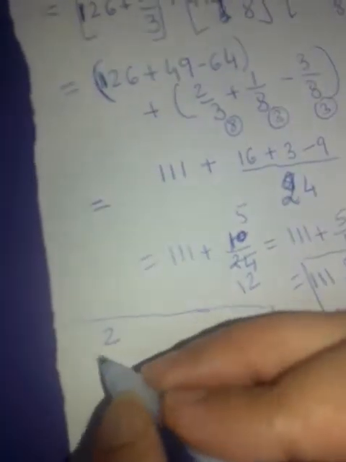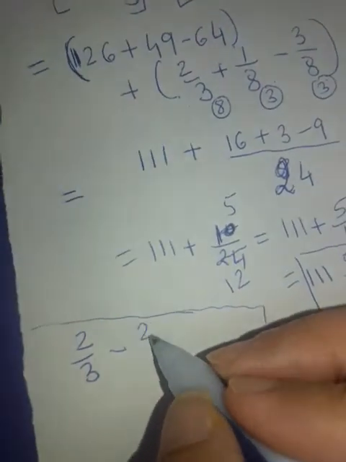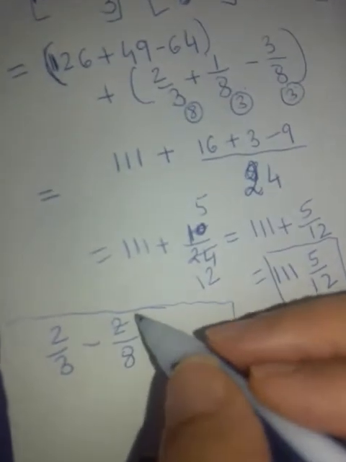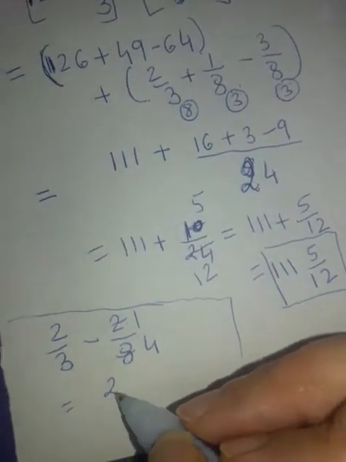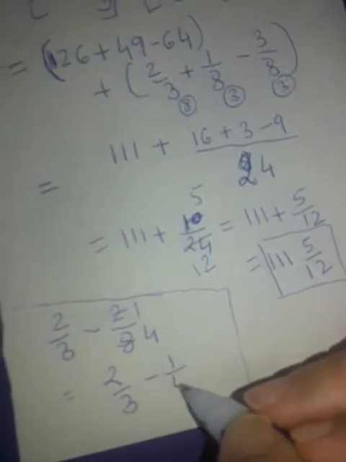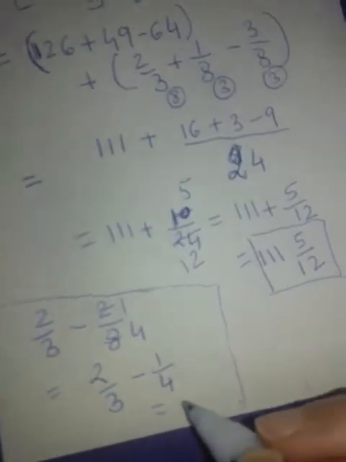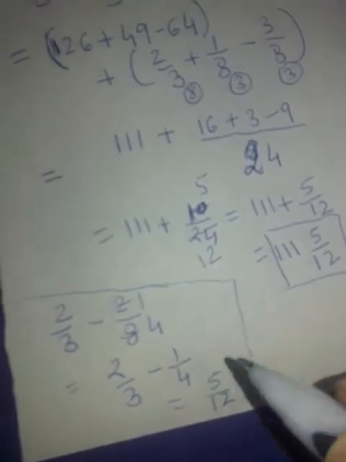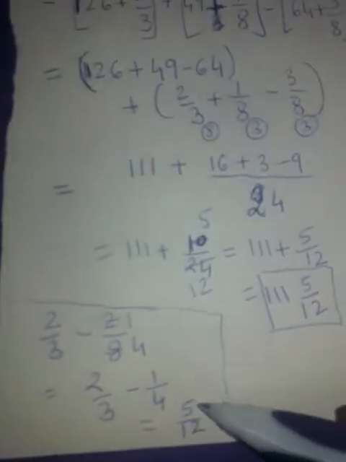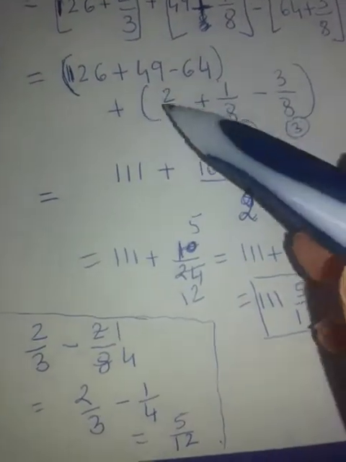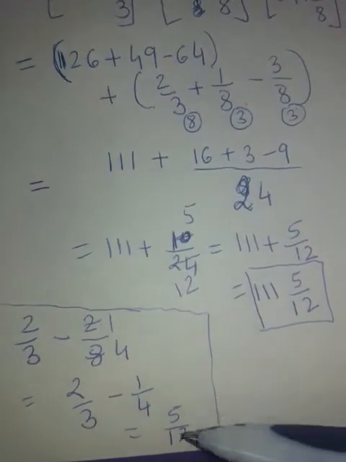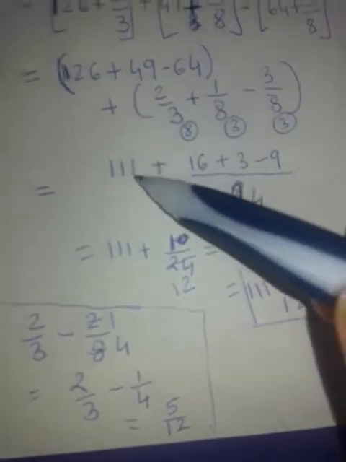This will be 2 upon 3 minus 2 upon 8. But what is 2 upon 8? 2 upon 8 is 1 by 4. So this will be 2 upon 3 minus 1 by 4. When I take the LCM, I get here 5 upon 12. So this bracket comes out to 5 upon 12, and this is 11.